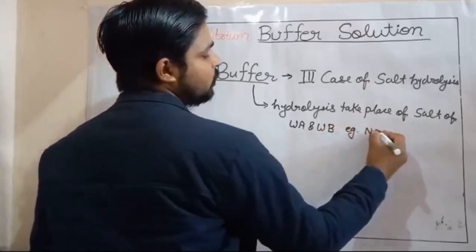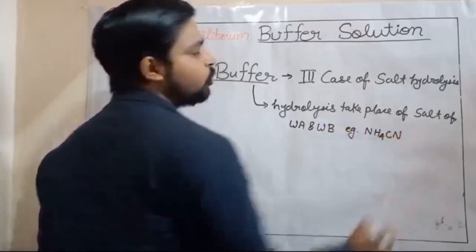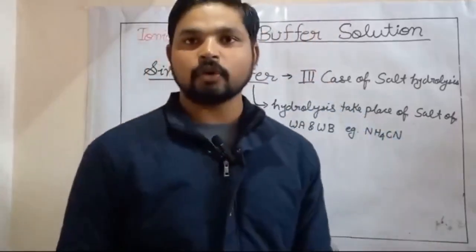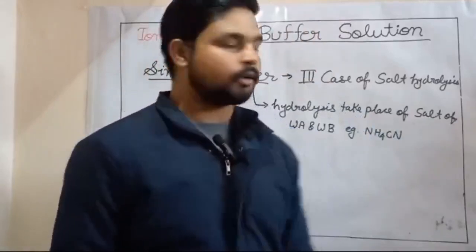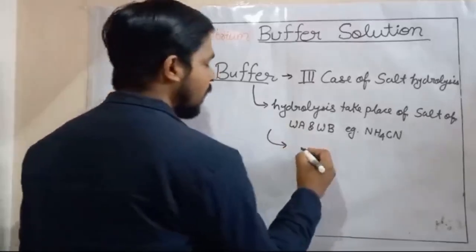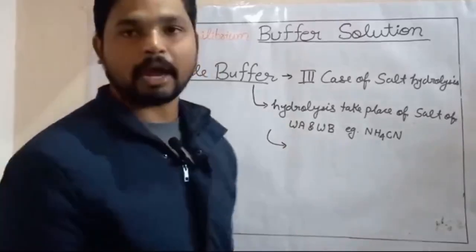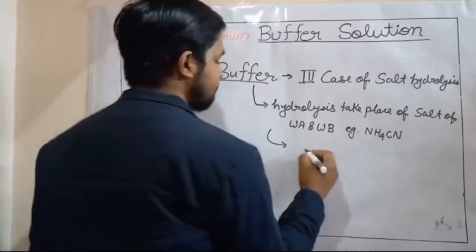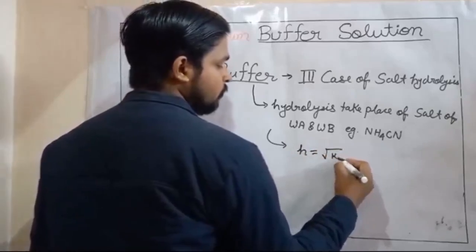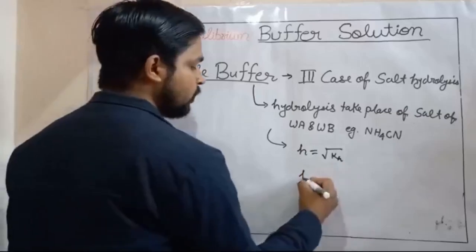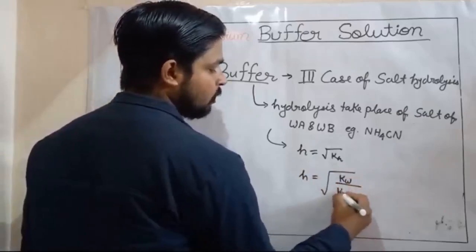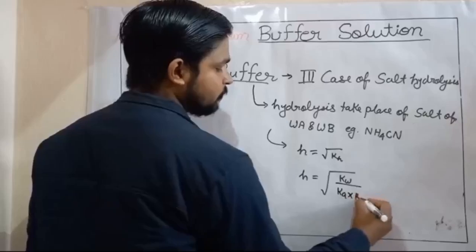Example: NH4CN. Its pH is calculated easily by the third case of hydrolysis pH formula, in which concentration has no effect. Okay student. We know that the hydrolysis constant of the third case of hydrolysis is further calculated by root Kh, which for the third case is root of KAB.